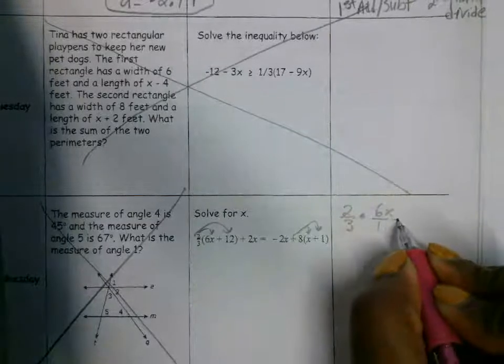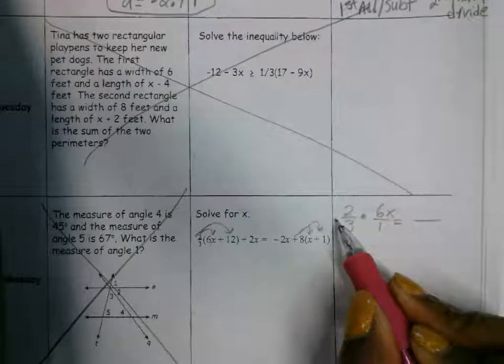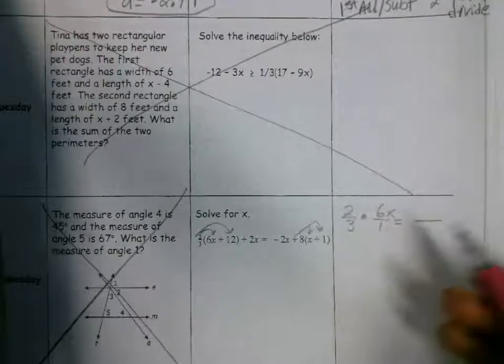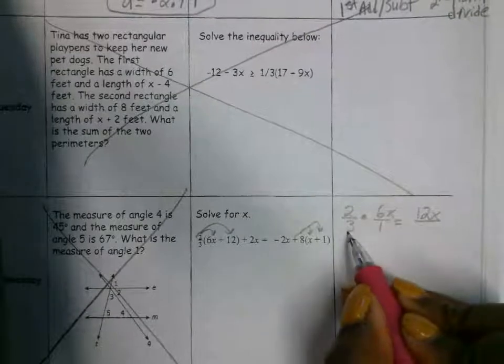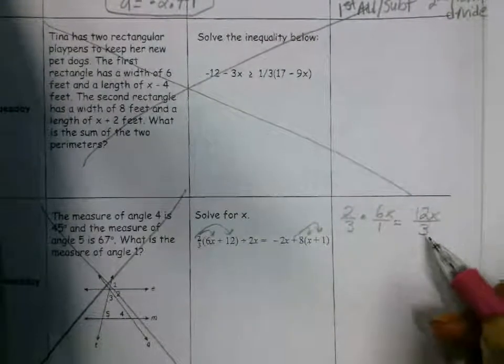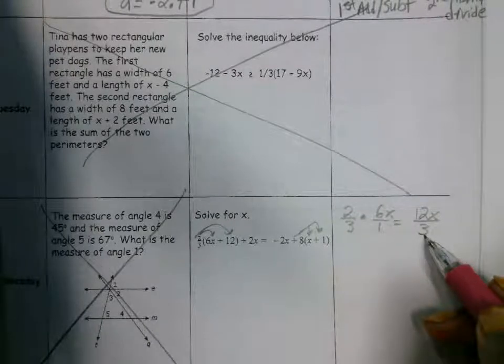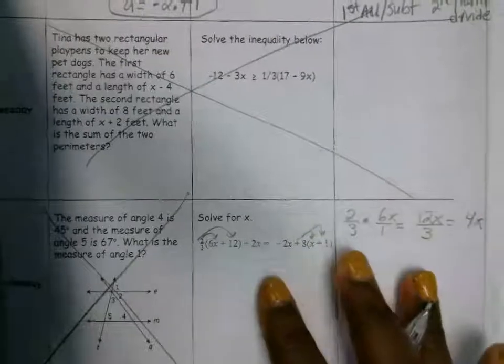Now we're going to multiply straight across. What's 2 times 6x? 12x. 3 times 1 is 3. Now let's simplify. What is 12 divided by 3? 4. So we got 4x here.